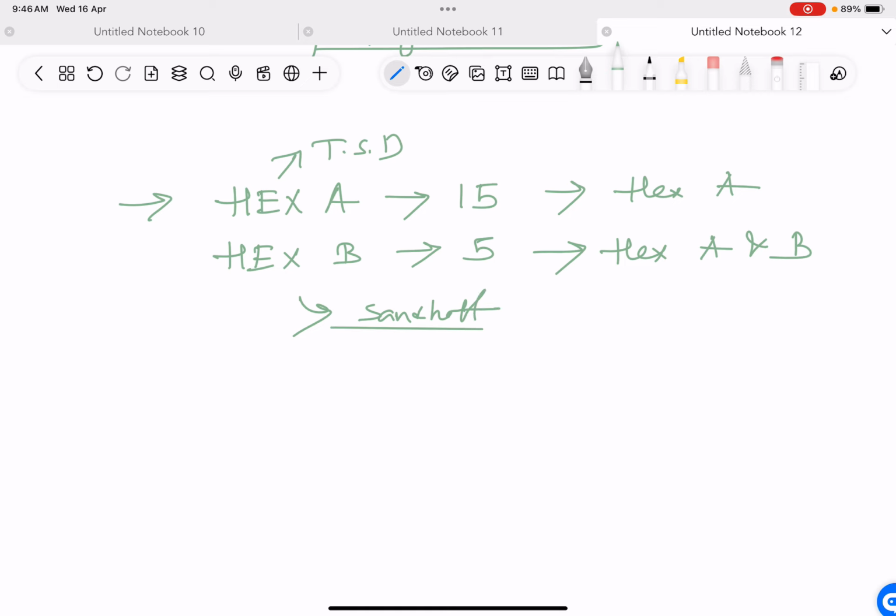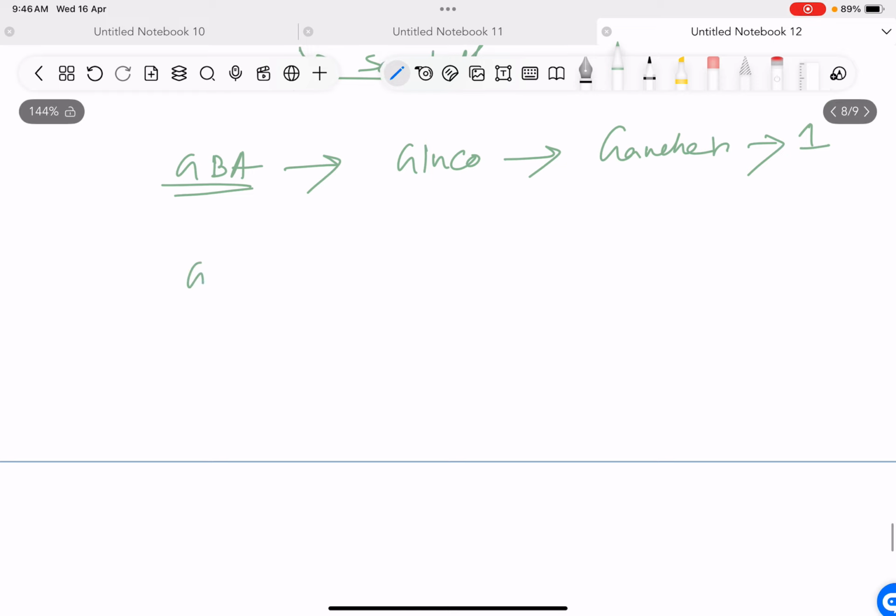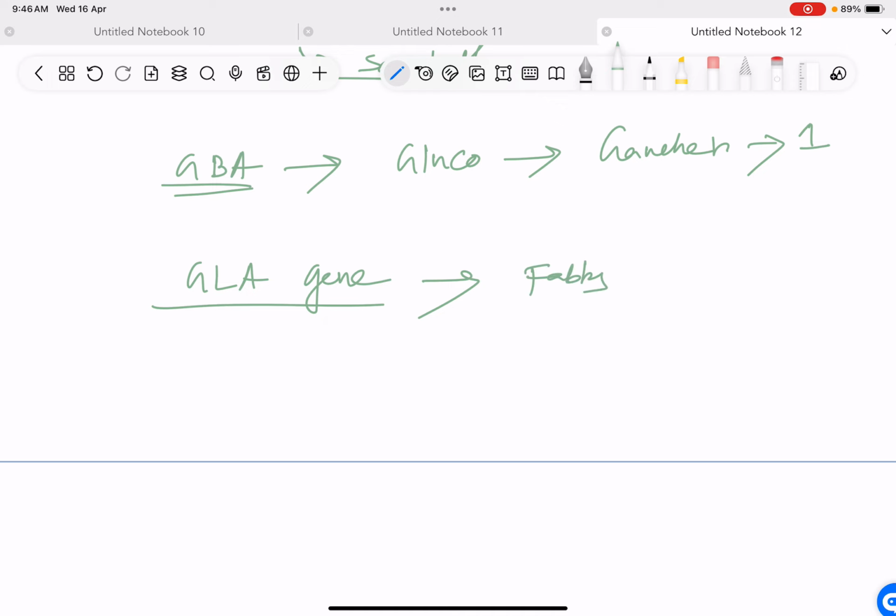The next question. GBA gene mutation will result in which disease? Very simple. GBA gene, it is glucocerebrosidase, that is your Gaucher, that is your chromosome number 1. Now, GLA gene mutation disease. Remember, GLA is your Fabry, because A for alpha, GL for galactosidase.